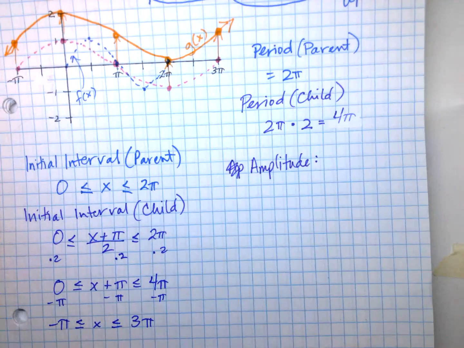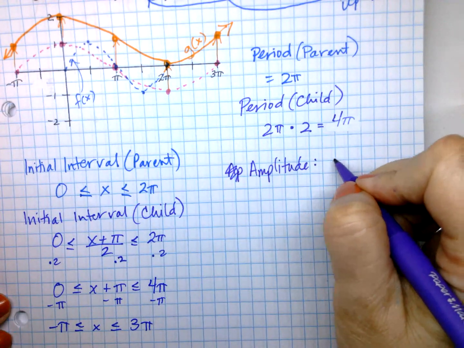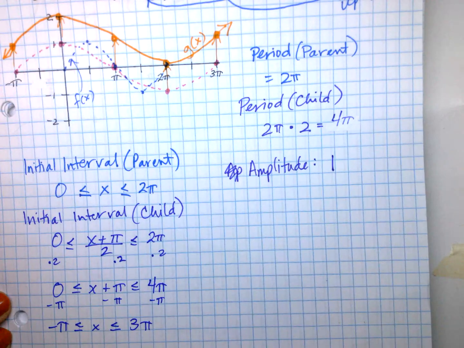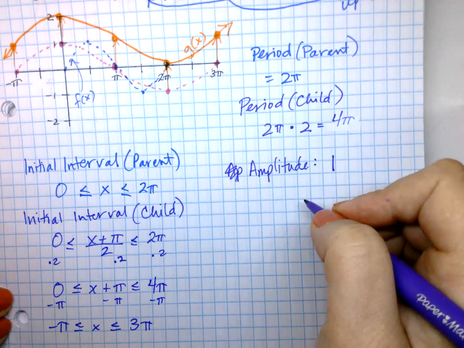But remember a second ago, we said we didn't change the amplitude at all. And so the amplitude is still 1, just like it was originally for the parent function. What else do we have? We have amplitude. Oh, did we have any reflection? Nope, no reflection.